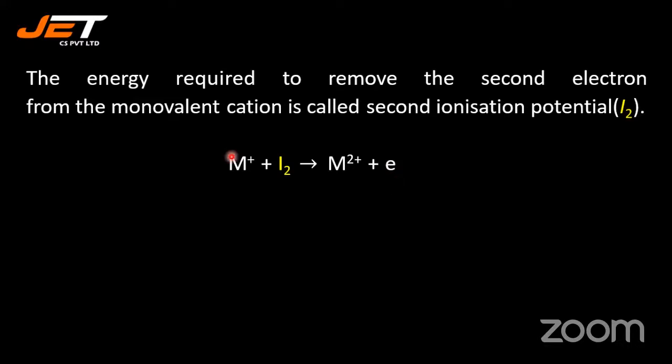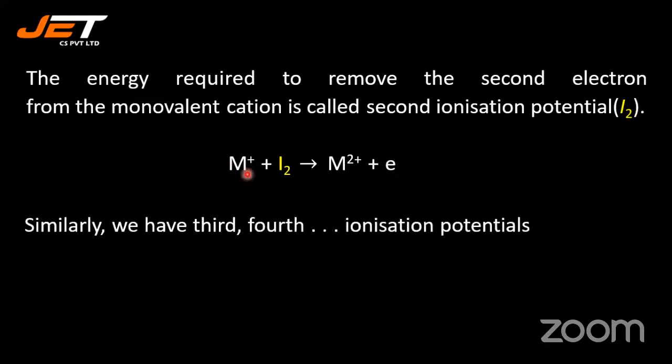If you are writing the electron on the left side, it means the electron is being accepted. Similarly, we have third, fourth ionization potential. Like M2 plus, then you have lost another electron, so it becomes M plus plus plus.